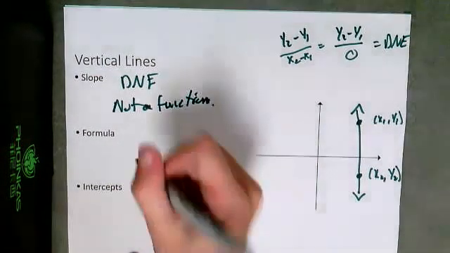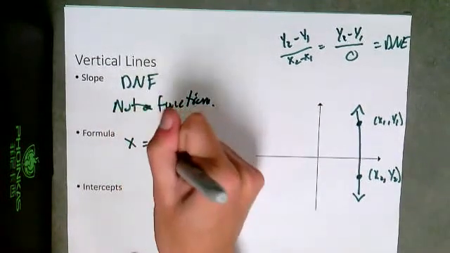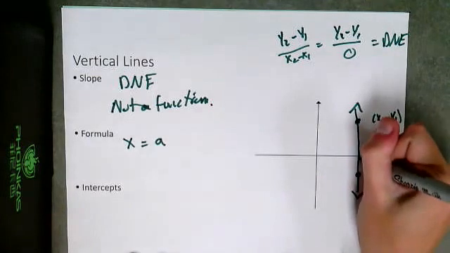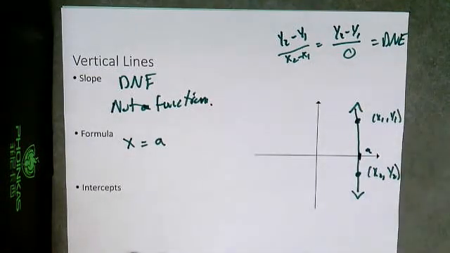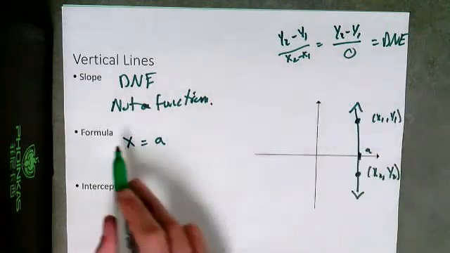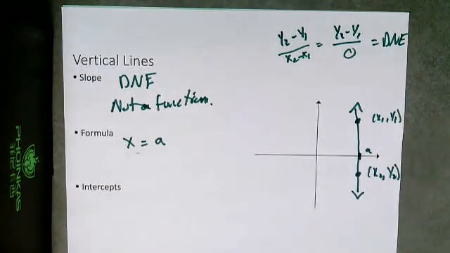And so the formula for this would be x is equal to a for some a value. Wait, sorry, I said that backwards. For any y value that you plug in, you're going to have the same x value, x equals a.